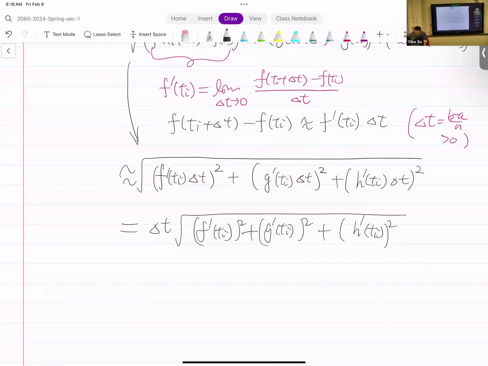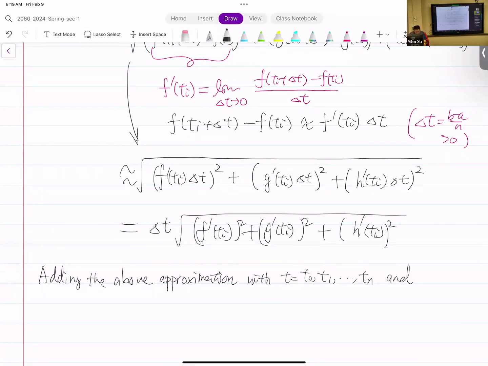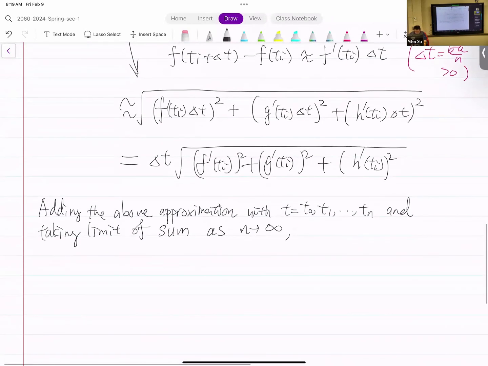Right. So adding the above approximation with t equals to t_0, t_1, all the way up to t_n, and taking the limit of the sum as n goes to infinity, we will have the following chain of inequalities.